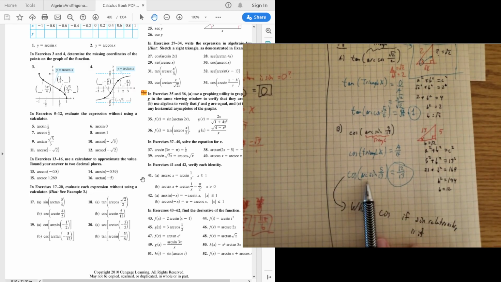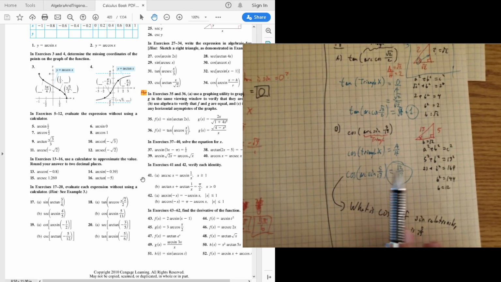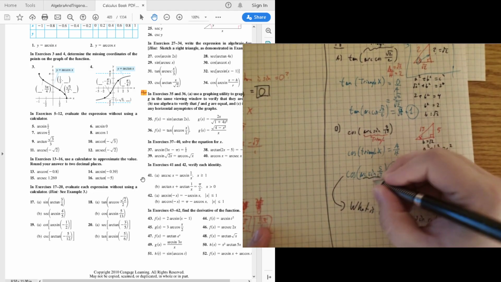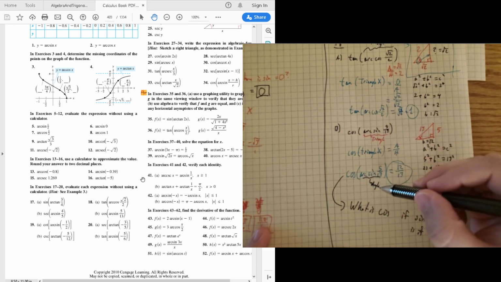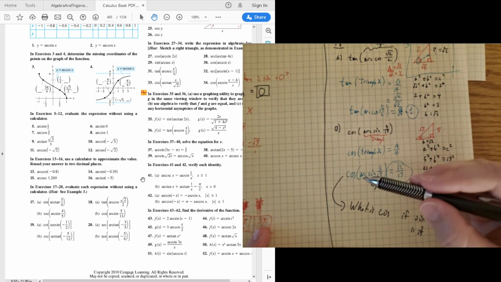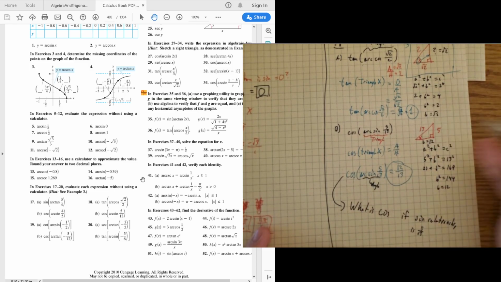Remember, arcsine is defined as the sine relationship between the ratio of the sides and the angle. So this will pop out an angle. And then we're just doing cosine of an angle. But in fact, the angle that's going to pop out is this one.